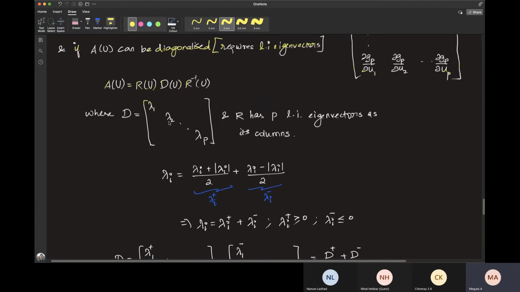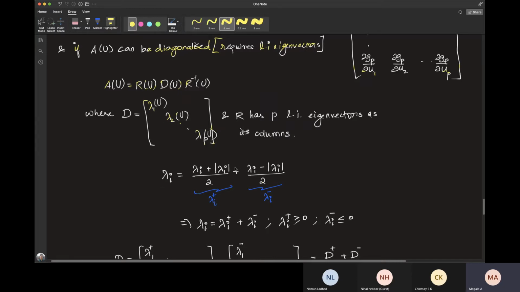Now each eigenvalue can be split up into positive and negative quantities by Courant splitting. These are scalars now. Although these are functions of u, lambda 1 and so on are scalars. So we can split them into positive and negative quantities by Courant splitting again. Since these are functions of u and u varies at different grid points, their values will be different at different grid points.